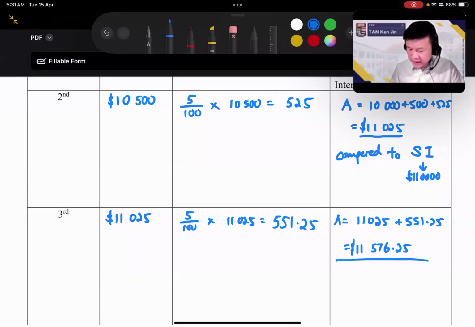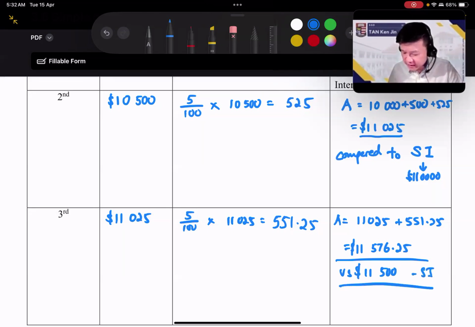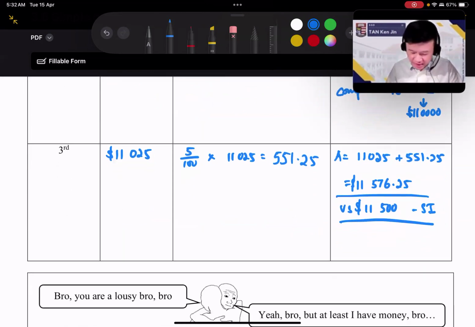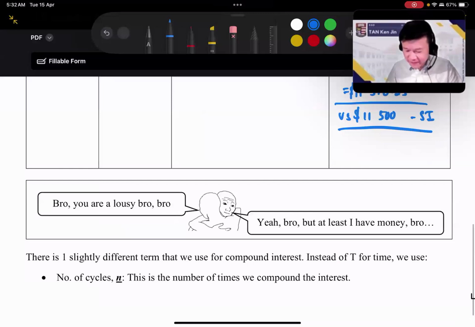Okay, so remember, this is compared to $11,500 that was for simple interest, right? So between the two, I would have to pay an extra $76.25, right? So we can see that, okay, but there's going to be a new formula that we're going to learn, and it's going to be in the next video.